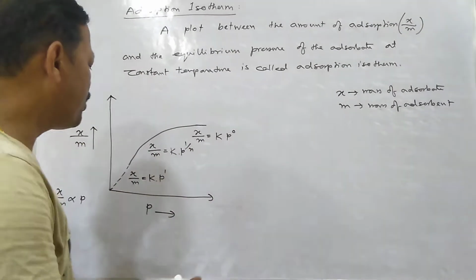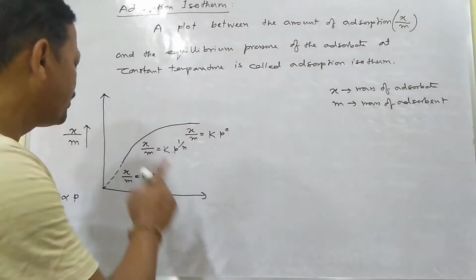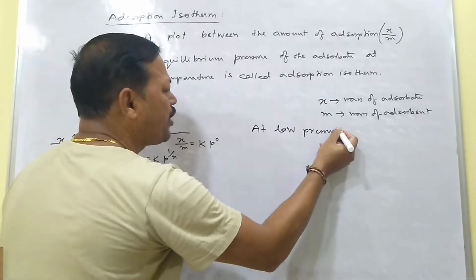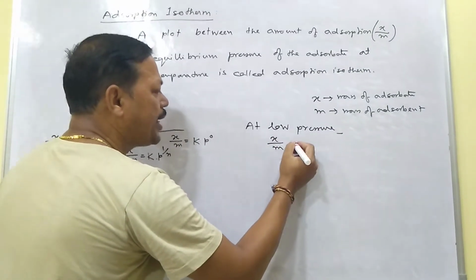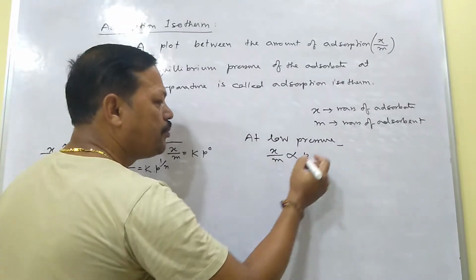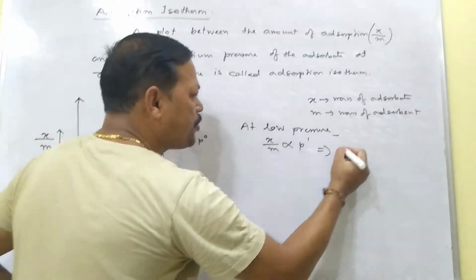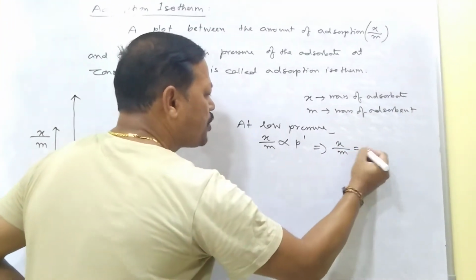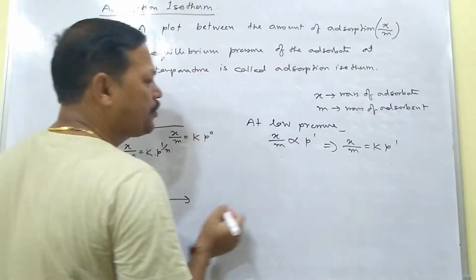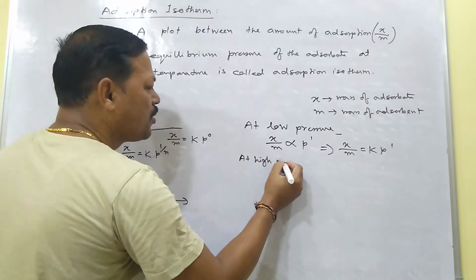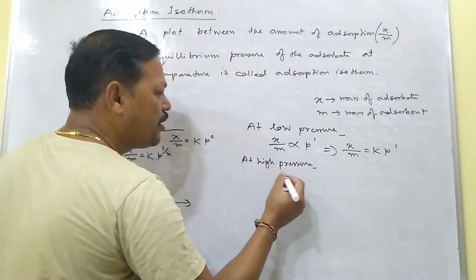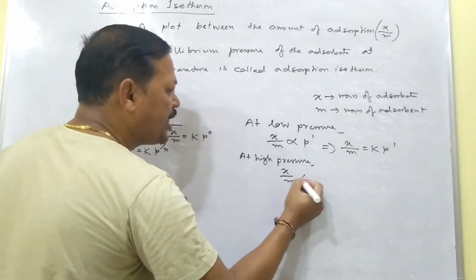So now we have, at low pressure, x by m directly proportional to pressure, meaning P to the power 1. That means you can write x by m equals k P to the power 1. At high pressure, x by m is independent of pressure.